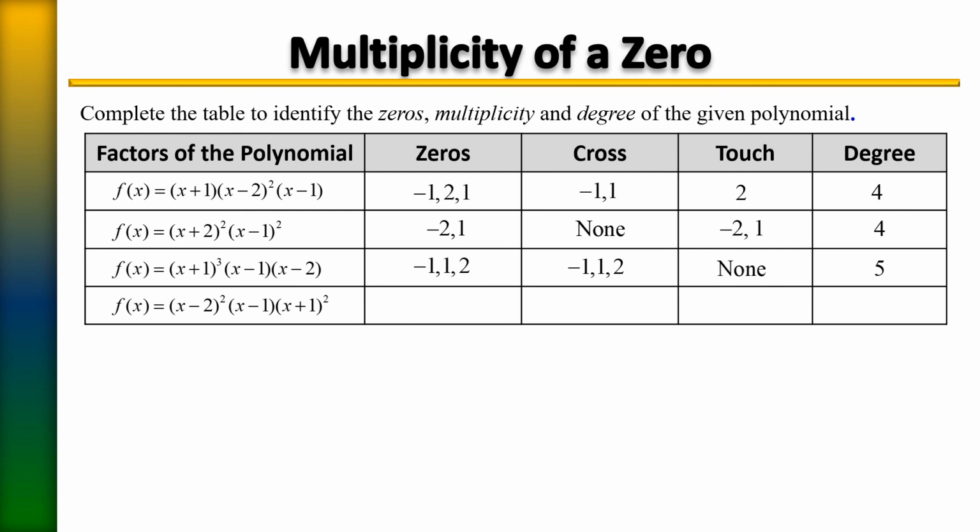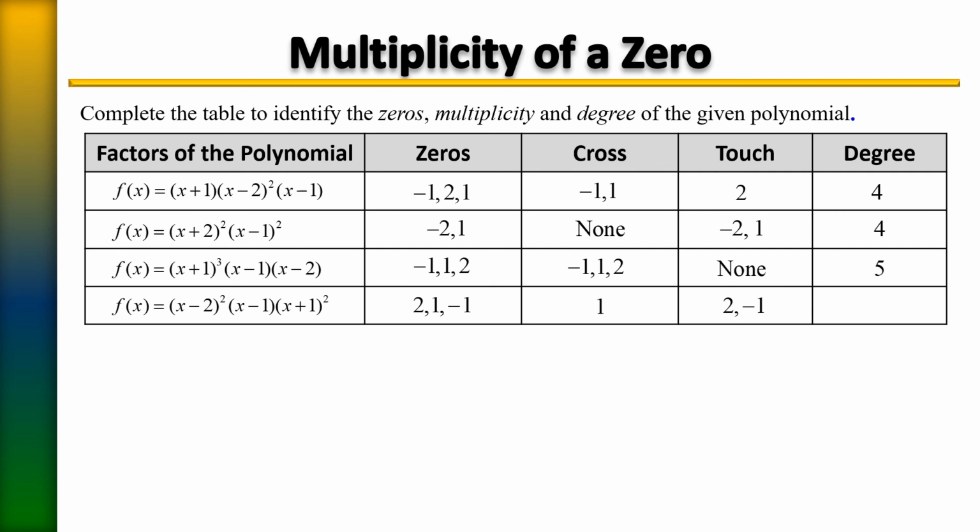Let's do the last example there. The zeros, there are going to be a 0 at 2, at 1, and at -1. It's going to cross at 1. It is going to touch at 2 and -1.